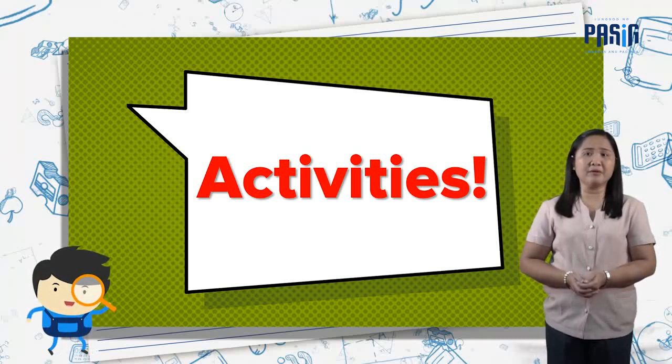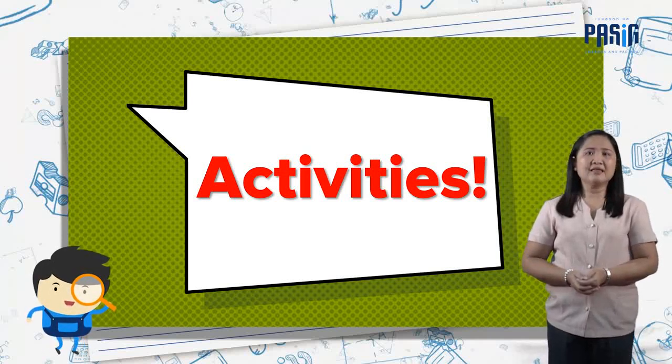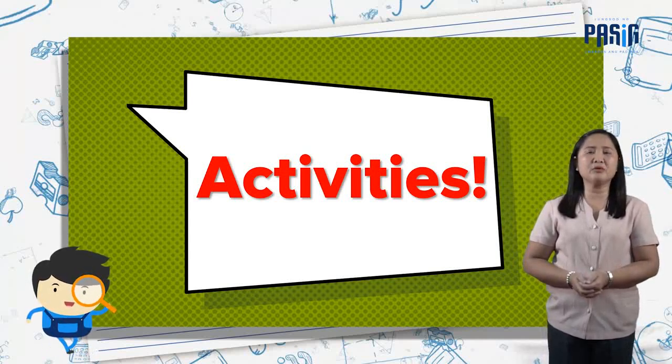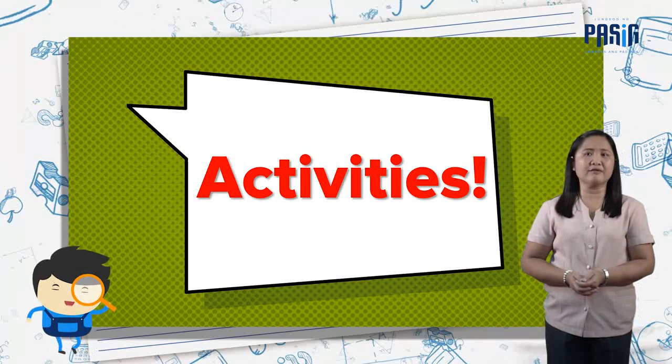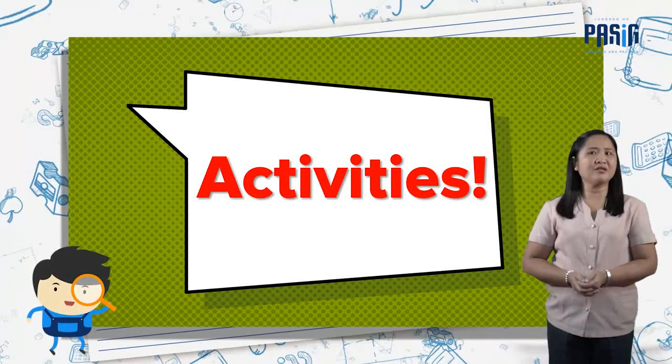While the second problem is asking for the smallest number. Word clue such as smallest number or least tells us that we need to find the LCM or least common multiple of the given number to solve the problem. I hope you understand the difference between the LCM and GCF in problem solving.